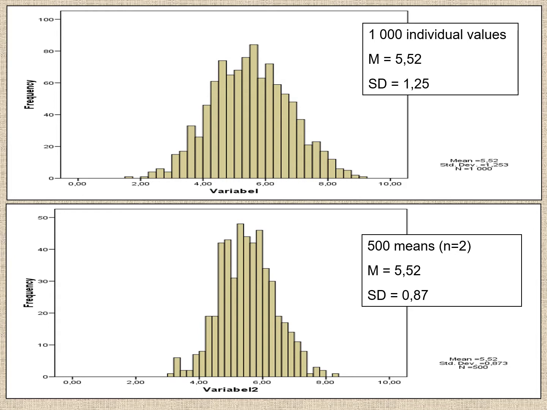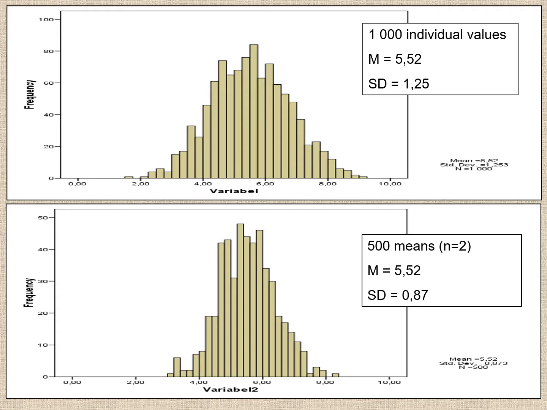And we have the same phenomenon for people with extremely low values. People with a low value of 2 will tend to be coupled with somebody who has a higher value than themselves. Because the other person has a higher value, the pair mean will be higher than a value of 2.